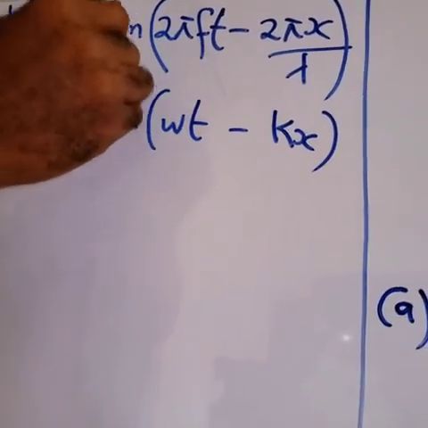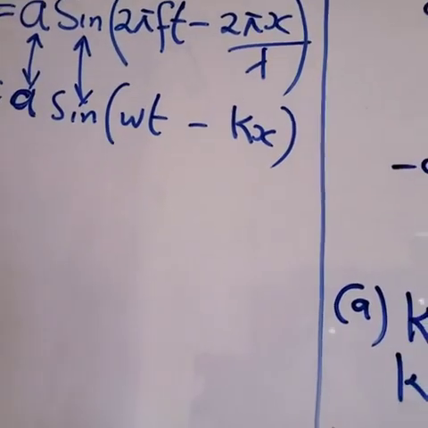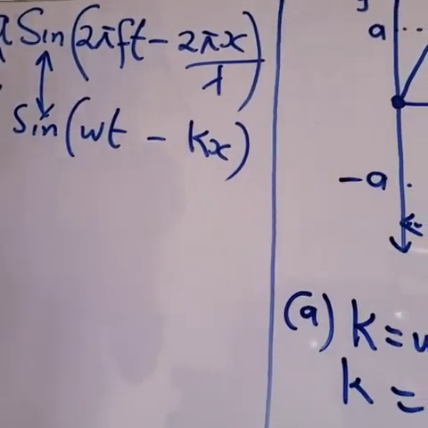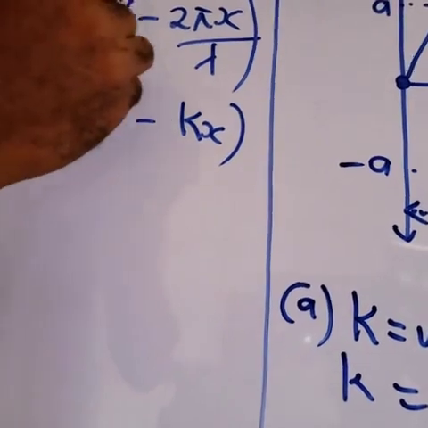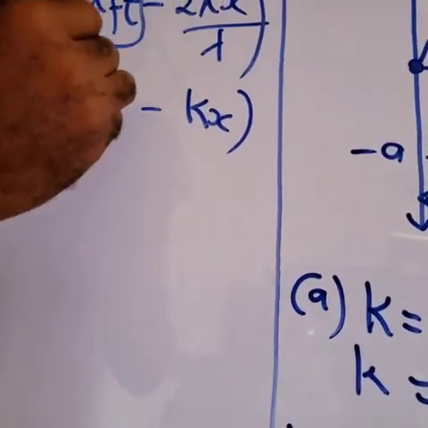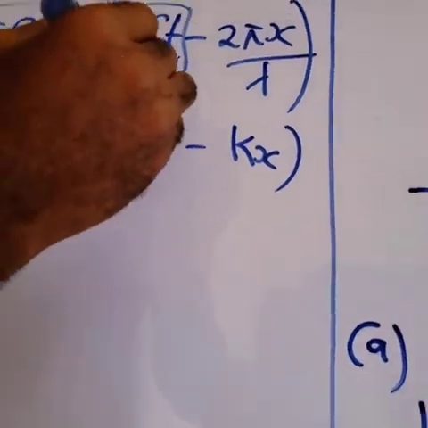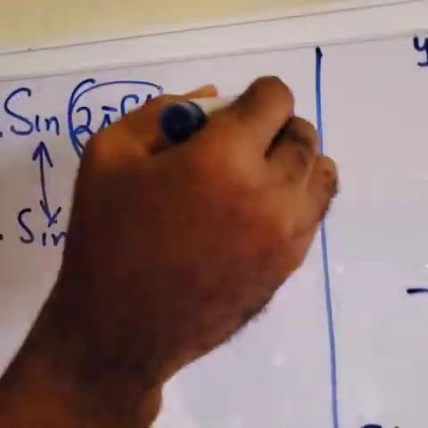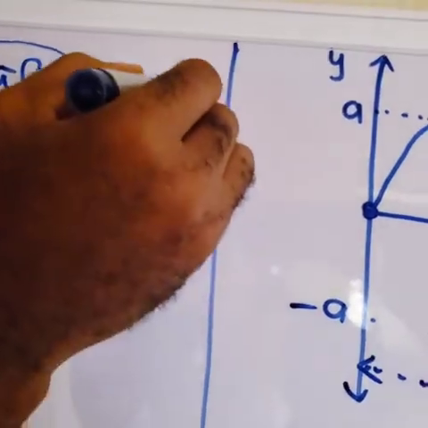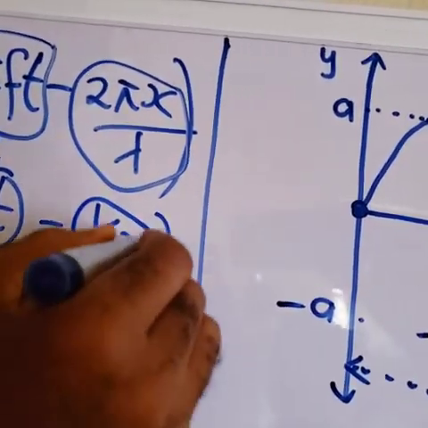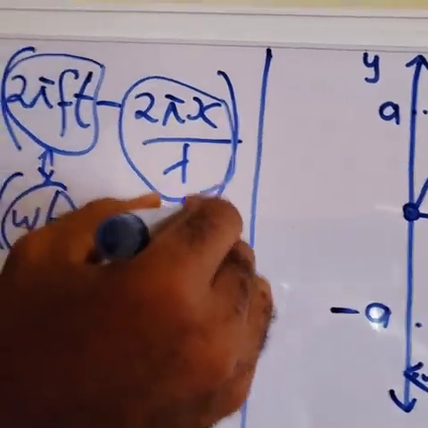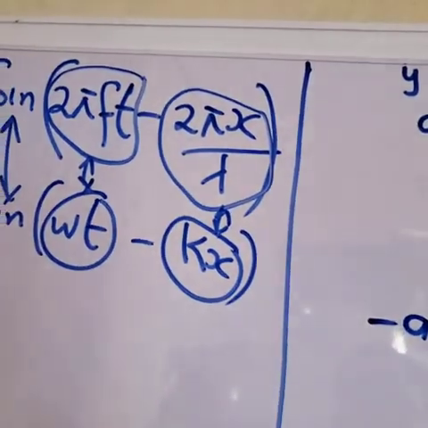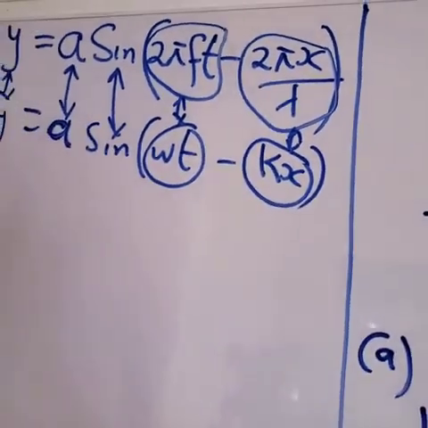This is sine, you have sine. Now go into the bracket. The whole of this is represented by the whole of that. Minus is here, minus is here. So they are alike. What does that mean?